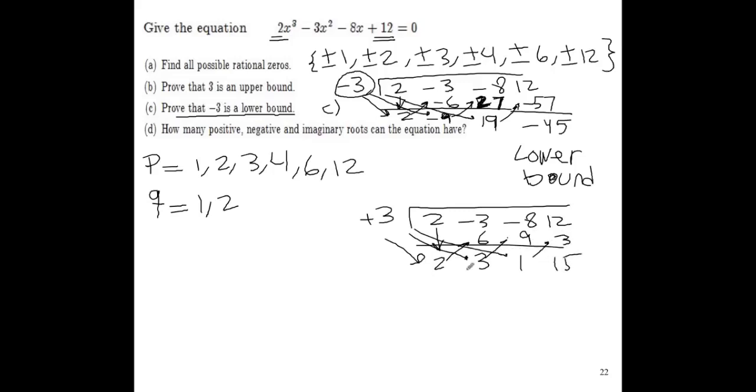You notice that all the signs are positive, all positive. And that is an indication that 3 is the upper bound. Okay, so that was for part B actually.